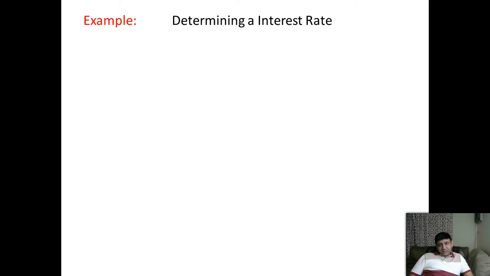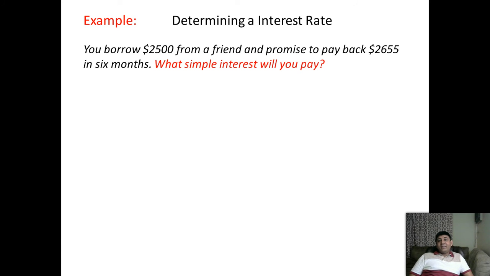Now this is an example in which we will use the same formula, but instead of finding the interest earned, we will find the interest rate. Suppose you borrow $2,500 from a friend and promise to pay back 2655 after 6 months. Now the question is, what is the interest rate?